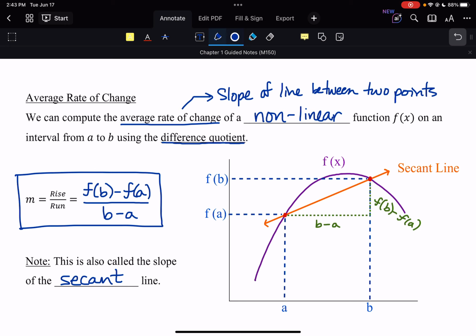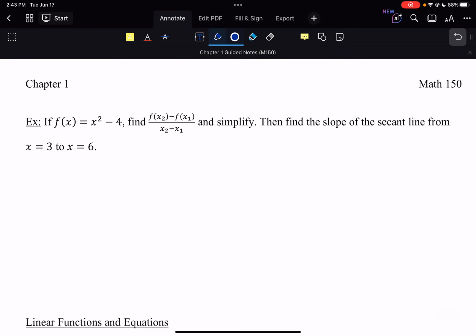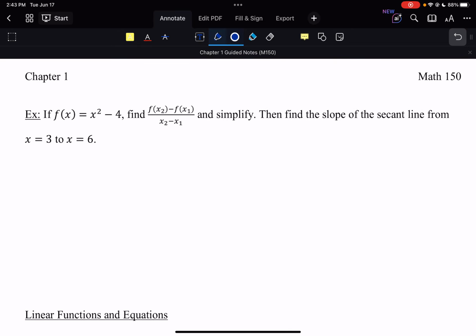But let's take a look at an example. So if f of x is x squared minus 4, find the difference quotient, right, that average rate of change, and simplify. Then find the slope of the secant line from x equals 3 to x equals 6. So we need to evaluate this function at x1 and at x2. So these are going to be replacing the x's in here.